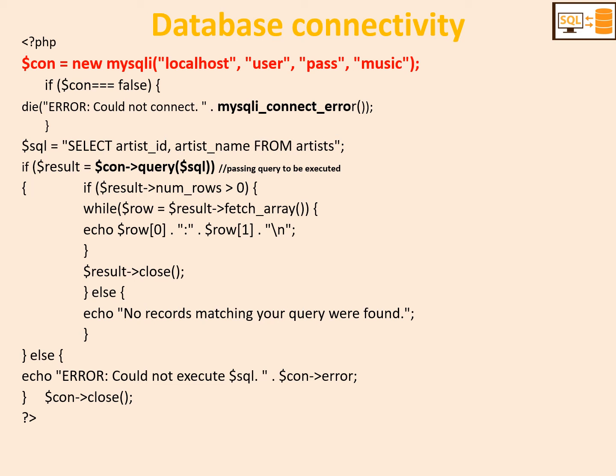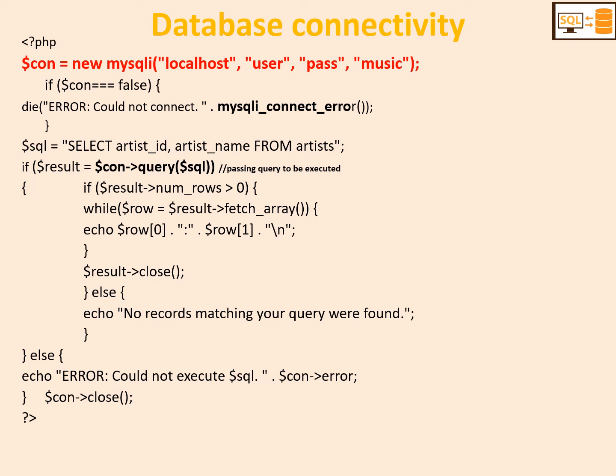So MySQLi is a function used for establishing the connection from PHP to the MySQL server, and it takes 4 parameters. The first parameter is the server name, second is the user ID, third is the password, and fourth is the database name. If this connection is established correctly, a true value will be present in the connection variable, otherwise it has a false value.